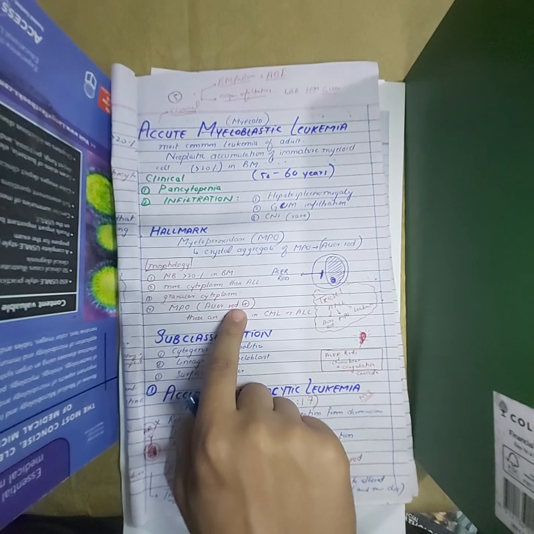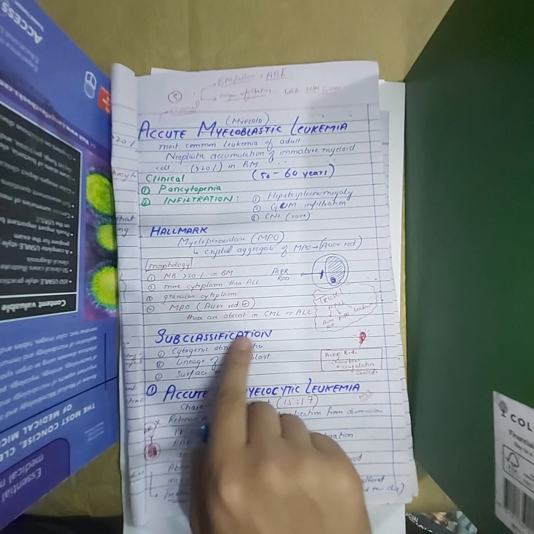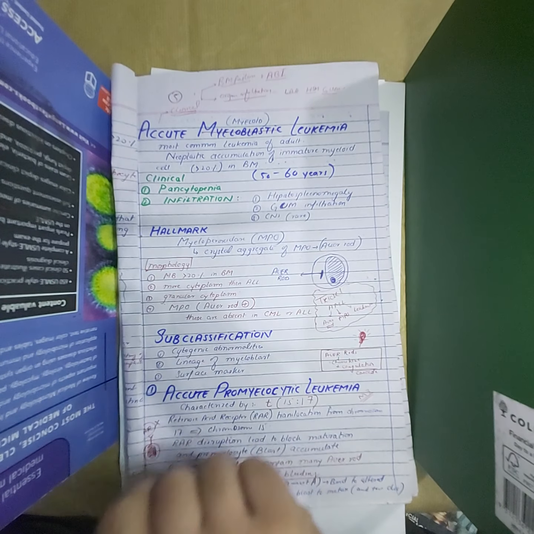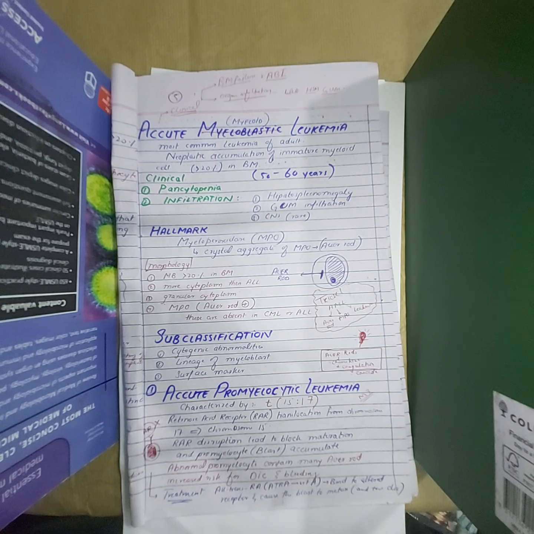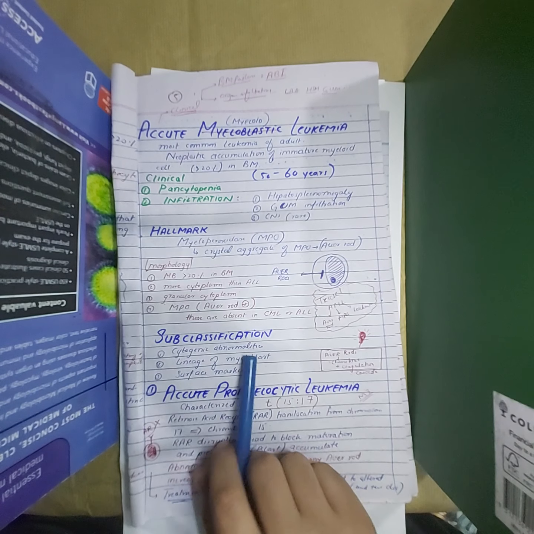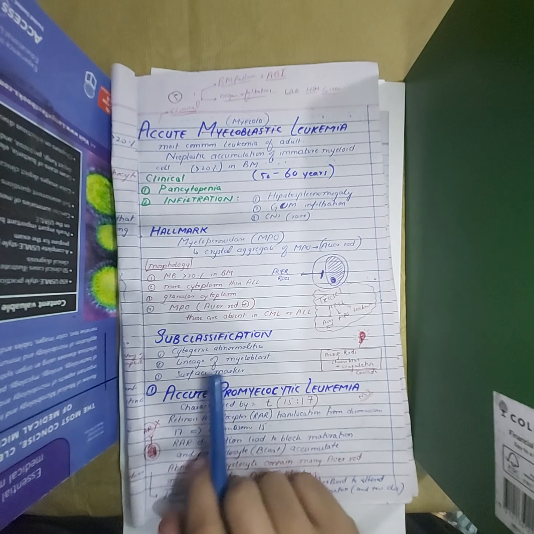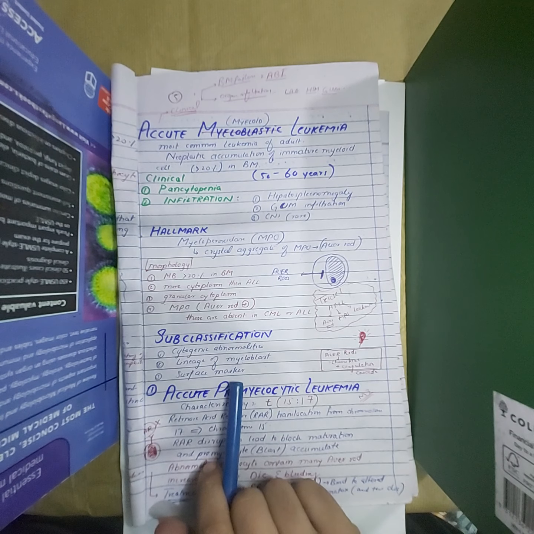This point should be noted: acute myeloid leukemia is further subclassified on the basis of three points: the cytogenetic abnormalities, the lineage of the myeloblast, and the surface markers.